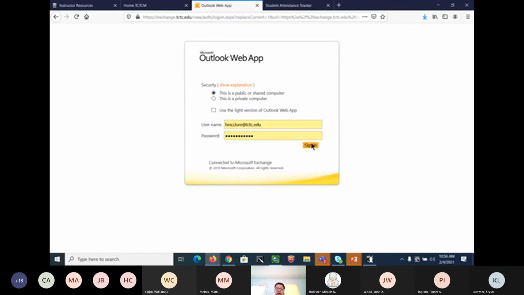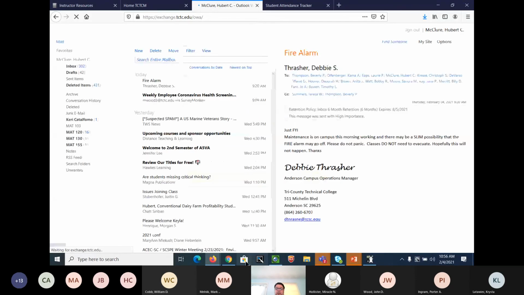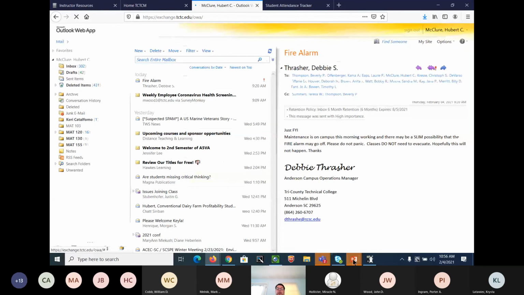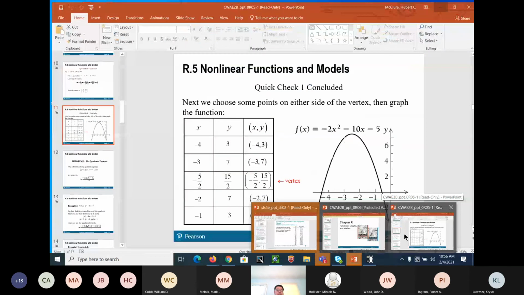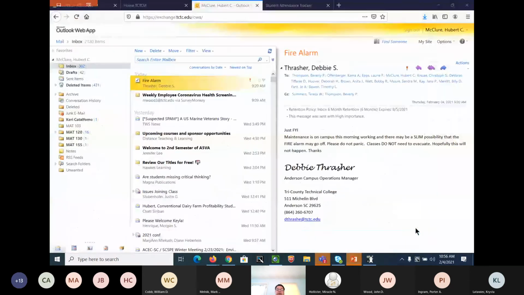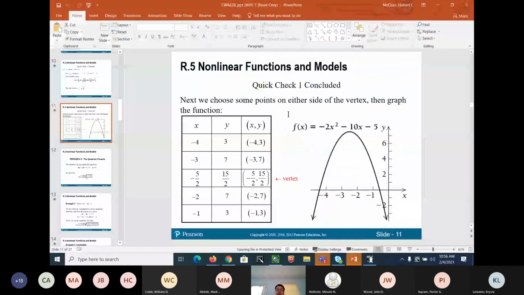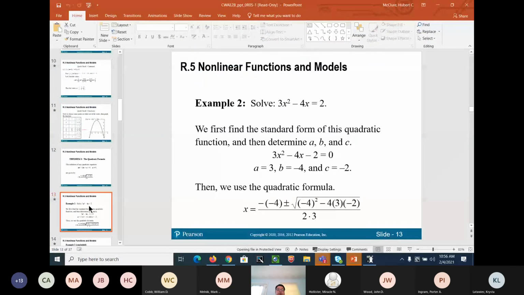Let's go to the handy dandy. Let's see, where is R5? There we go. Now you should be able to handle this. See, I don't use the quadratic formula, so I'm going to show you how to do this one.